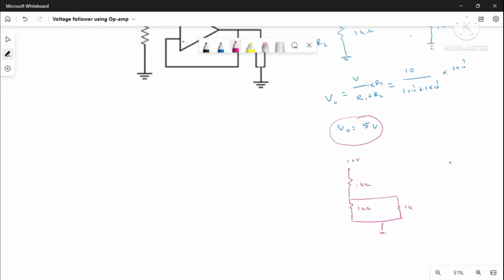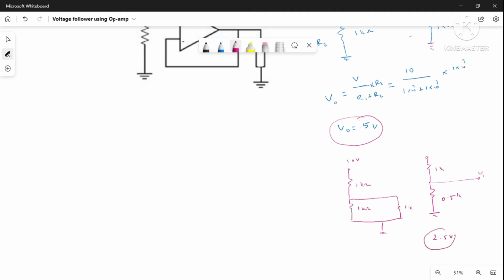These two will come as a parallel combination, so this will be 1K, and here it will become 0.5K. If you make the calculation and find out the voltage across the load, Vout, it will be 2.5 volt. So this should be avoided.